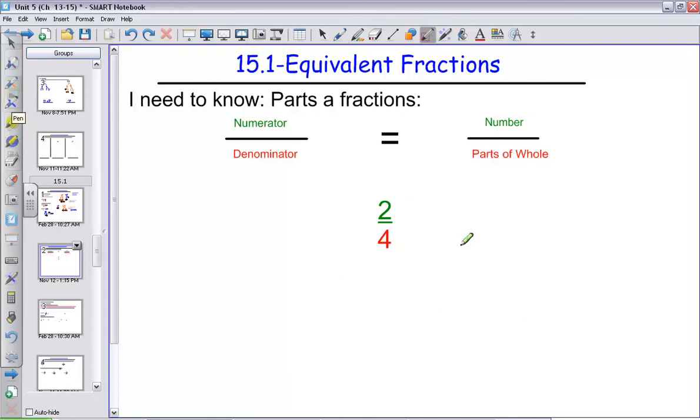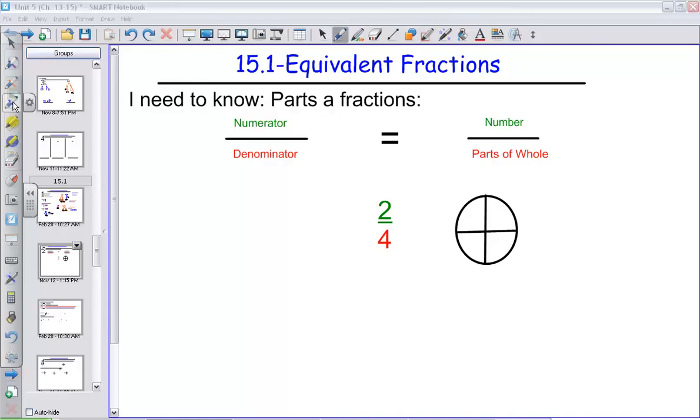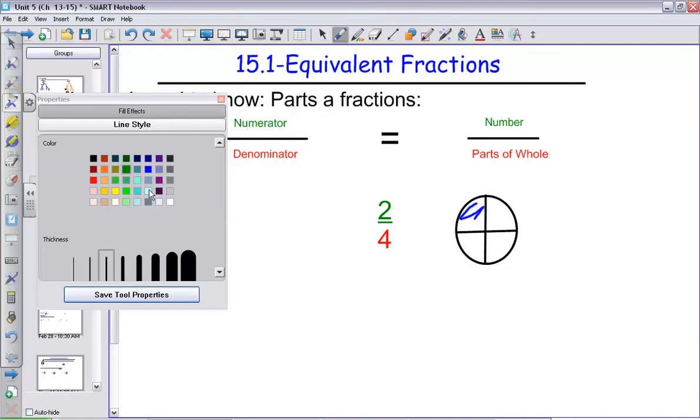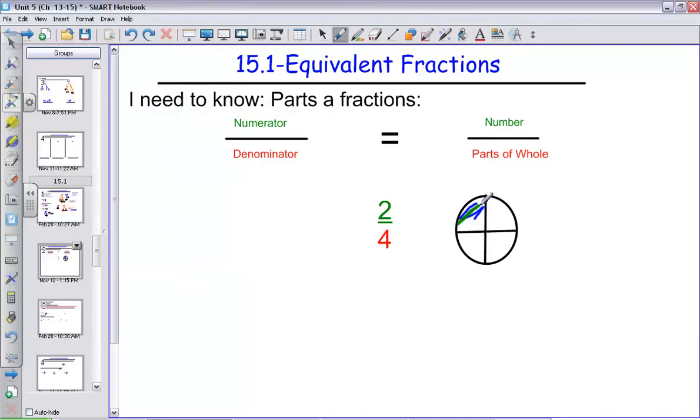So that means if I have a circle and I have 4 parts in my circle, I have a total of 4, 1, 2, 3, 4, and I have 2 of those that are filled in. So my fraction is 2 out of 1, 2, 3, 4. 2 out of 4.